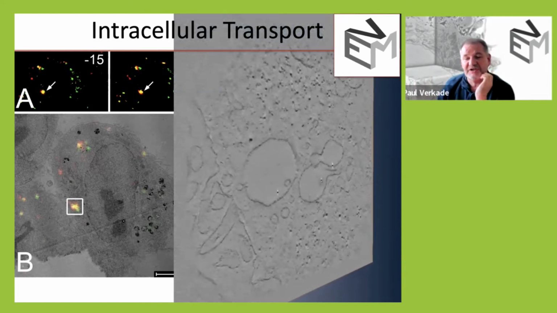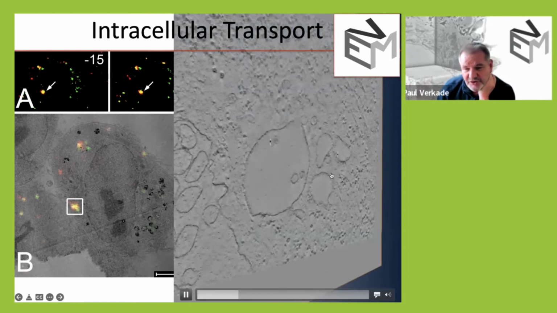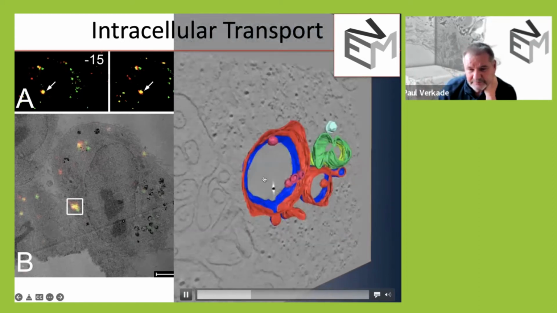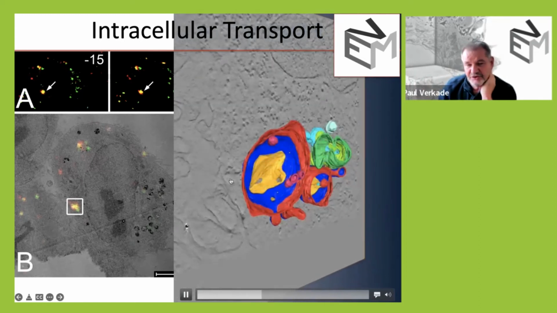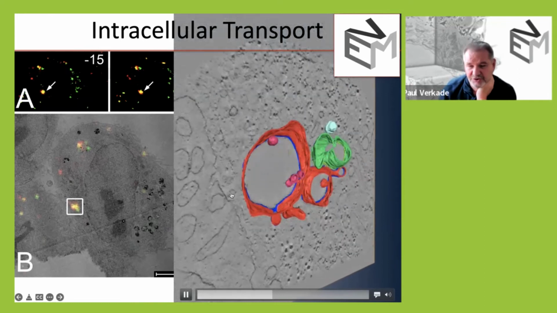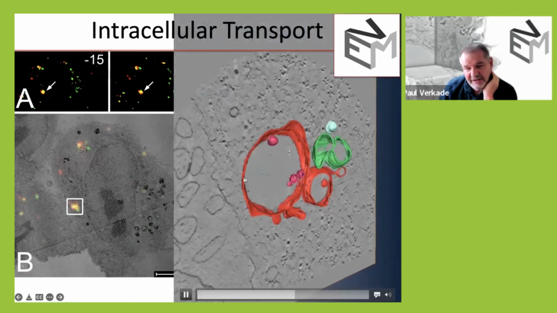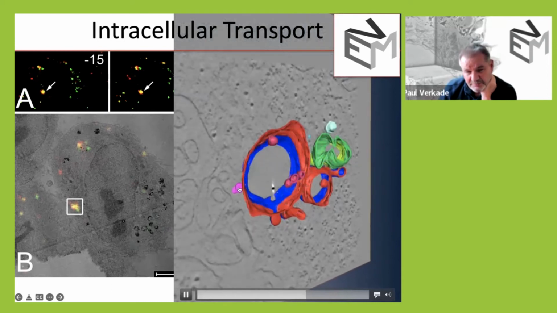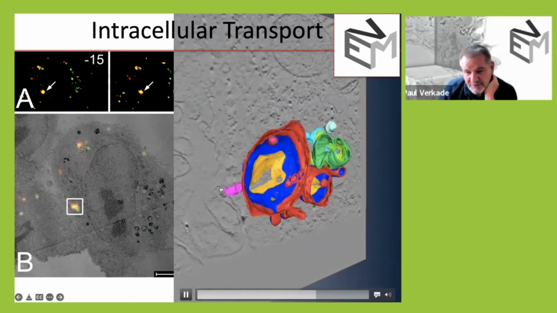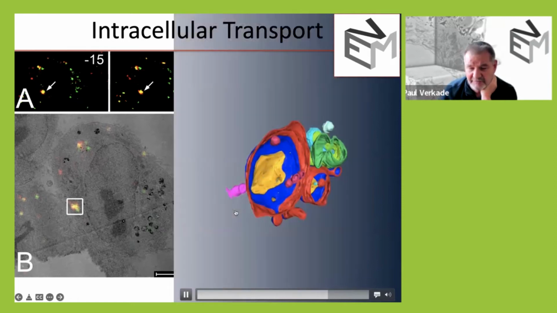Because what we noticed is that when we reconstructed this volume, there is an extra structure which we hadn't noticed in the 2D image. And that is exactly that connection between this endosome and the plasma membrane. And that's exactly what we were looking for.